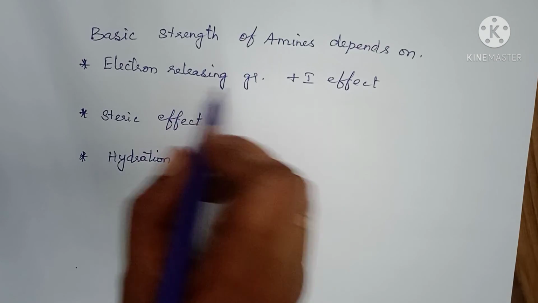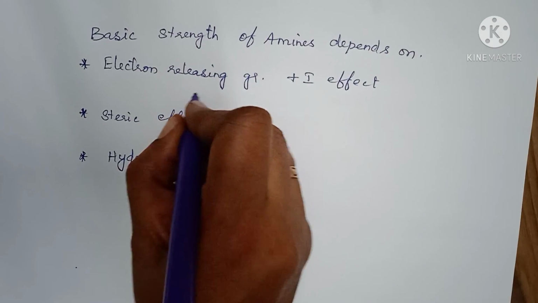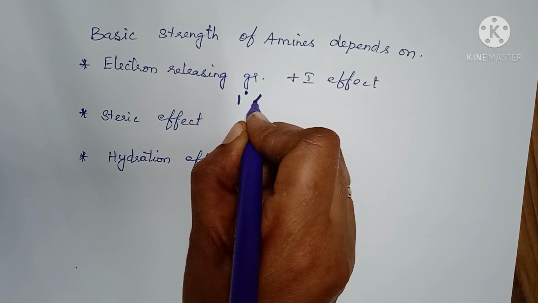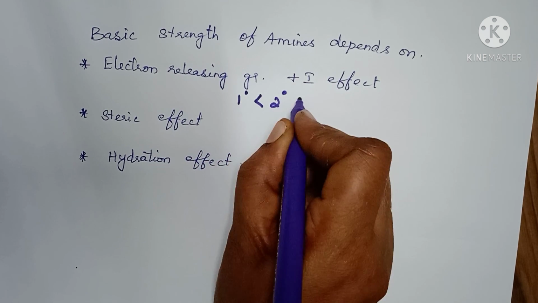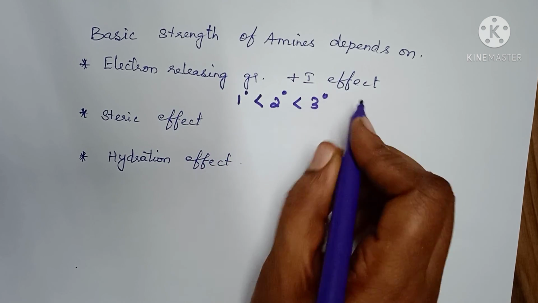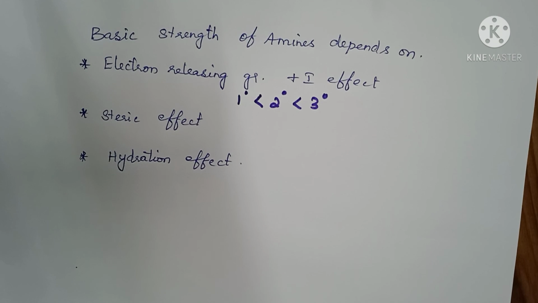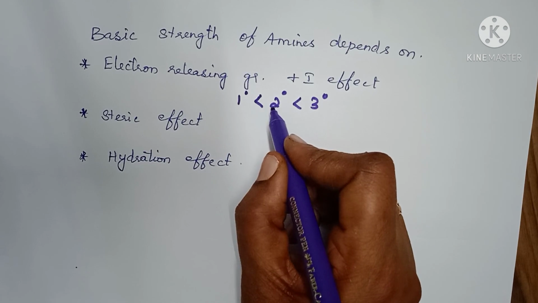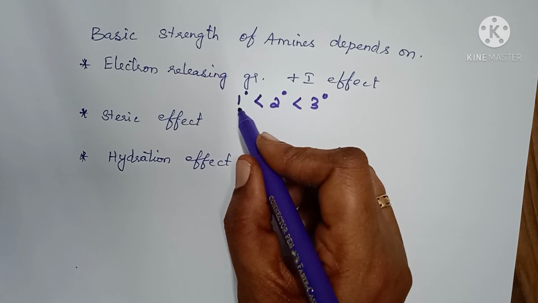The electron releasing group, that is plus I effect: primary amines are lesser than secondary amines, which are lesser than tertiary amines. Why plus I effect? Because bulkier alkyl groups are ready to push the electrons, ready to donate electrons to nitrogen.